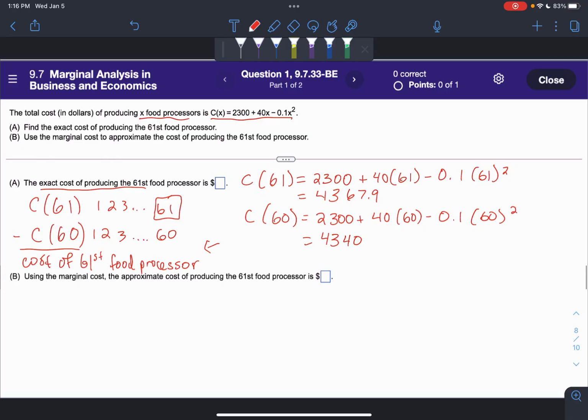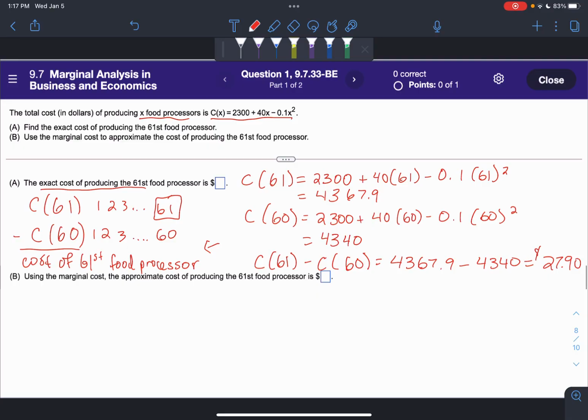So let me write this out. So we get 4367.9 minus 4340. And this gives me 27.90. So that's the cost for producing the 61st food processor, and only that food processor.